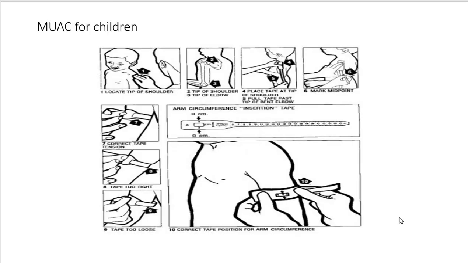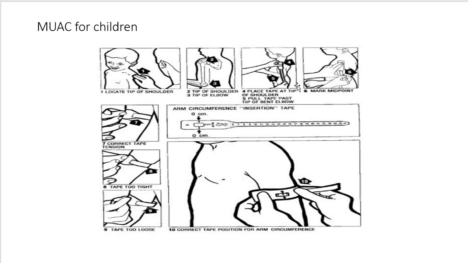For children we use the standard MUAC tape, which is marked with green, yellow and red colors. In the pictures, the first, second and third show how they have kept their hand at a 90-degree angle.